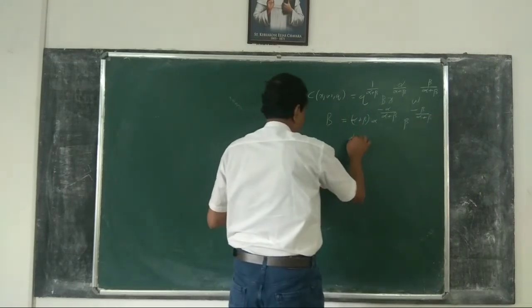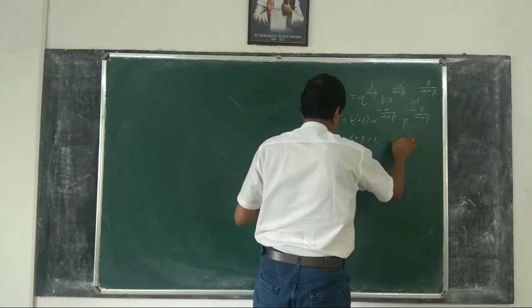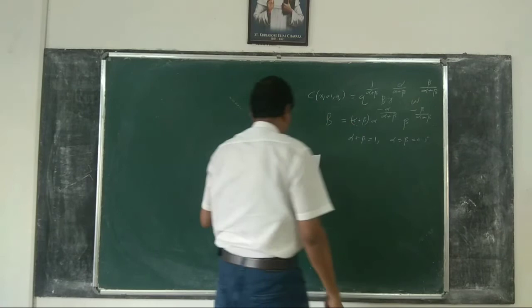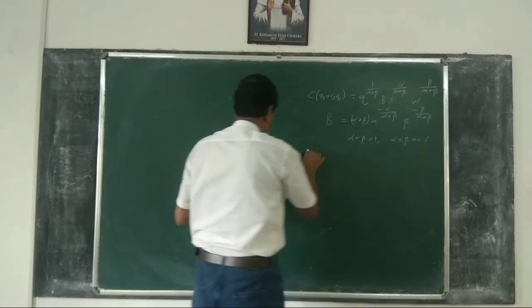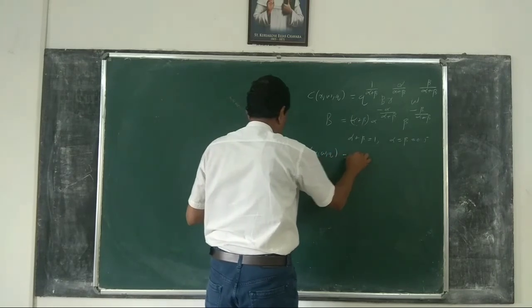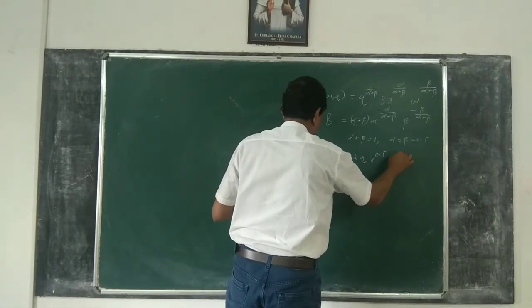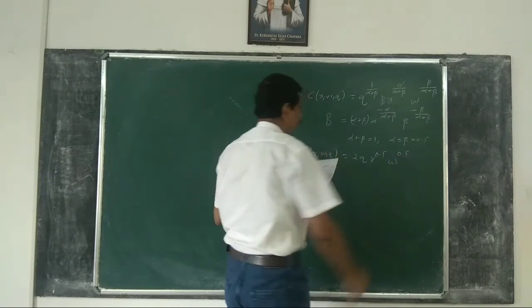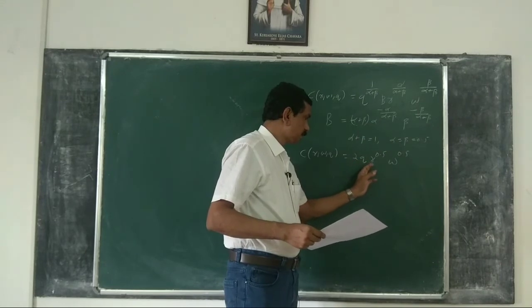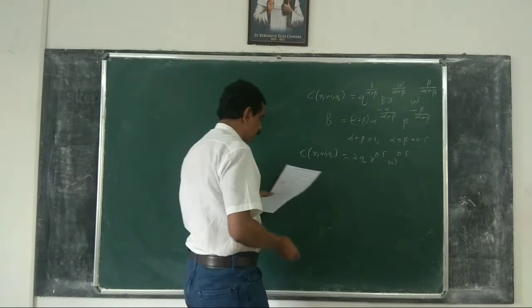Let us assume that α+β is equal to 1 and also that α is equal to β is equal to 0.5. Then this cost function C(R,W,Q) becomes 2Q R^0.5 W^0.5.